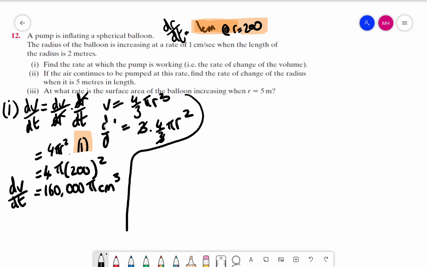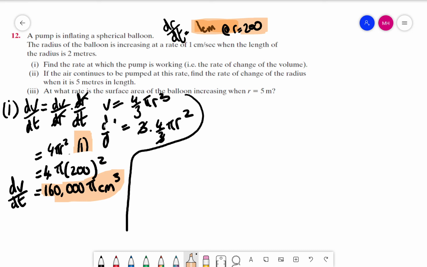It's dependent on, for example, the airflow through the pump or the size of the pump or the size of the valve. So it's more to do with the pump than with the radius. So that's good to know, this is going to remain constant for the rest of the question.